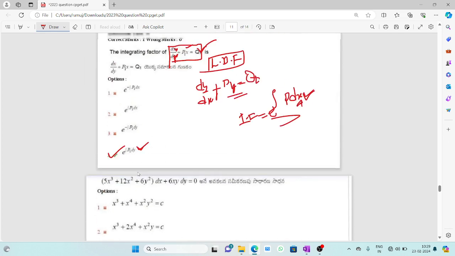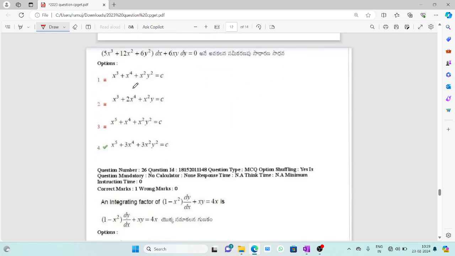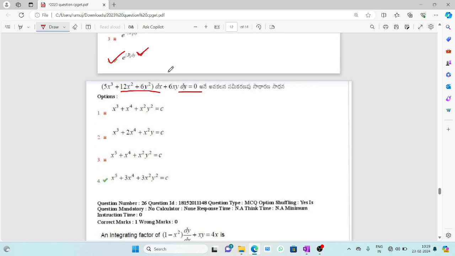The 25th one is (5x cube plus 12x square plus 6y square) dx plus 6xy dy is equal to 0. He is asking for the solution again. In differential equations, if you learn one or two methods to find the solution, you can simply score in the exam. That is very simple.